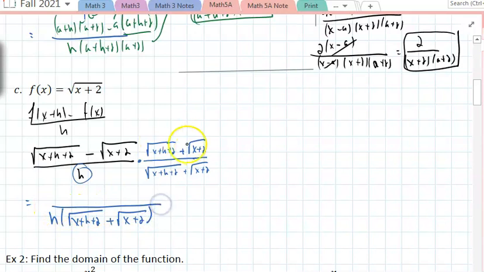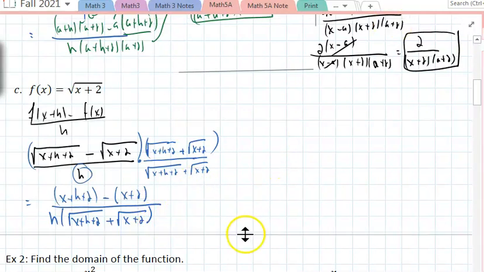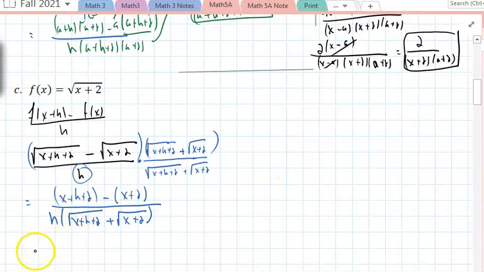Now for the top, when you multiply conjugates, right, you get the first squared, that cancels the radical, minus, make sure to use parentheses. Did you notice that? That's happening on every combination of these type of problems. And might as well minus x minus 2.